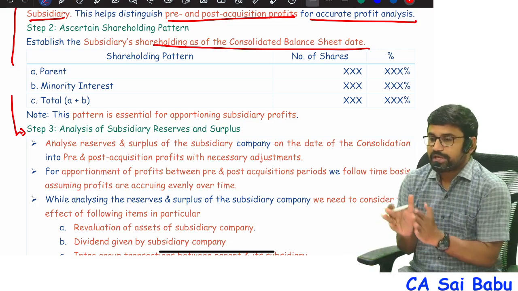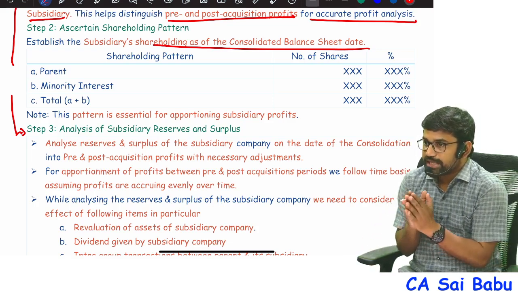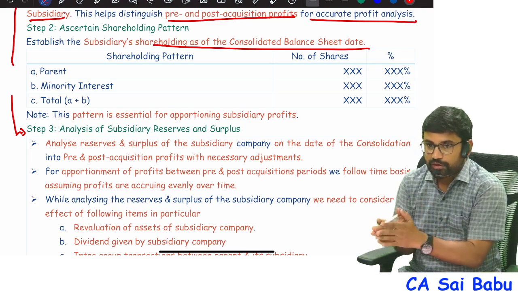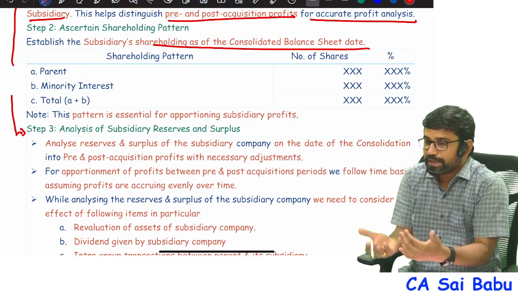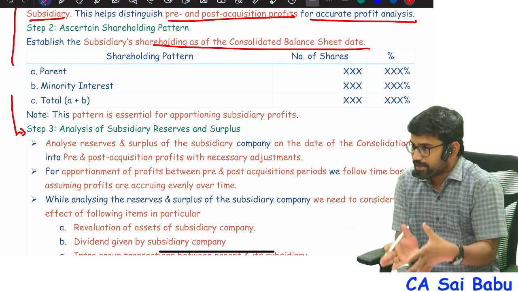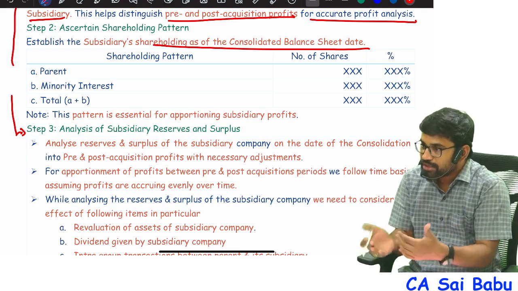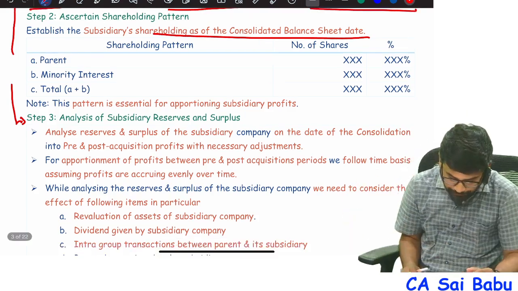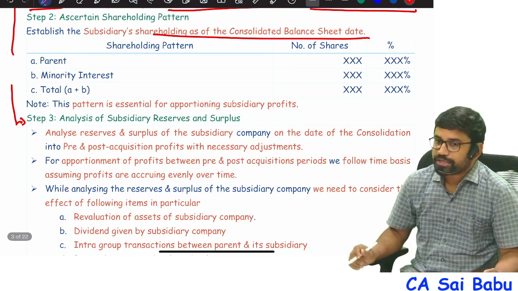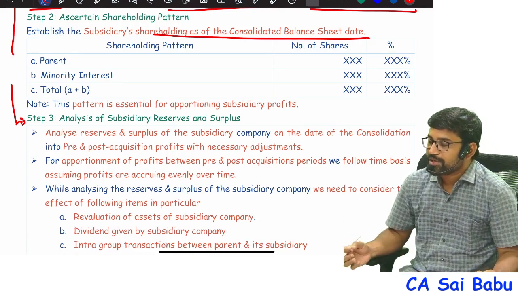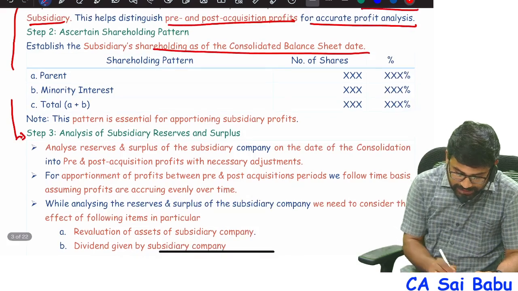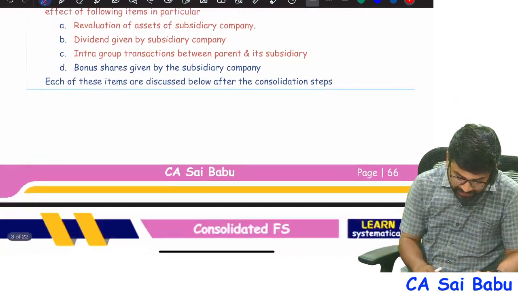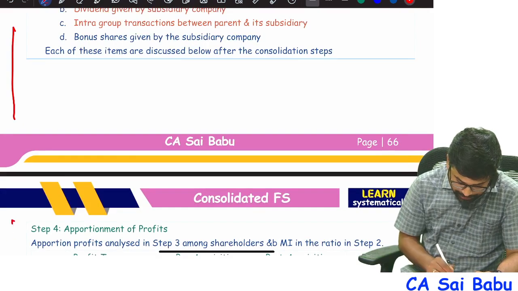Suppose you are preparing consolidated financial statements at the end of 31st March 2025. On that date, in the subsidiary company, how much percentage of shareholding is held by parent company, how much is held by minority interest? Sir, why is this step important? Why we need to calculate the shareholding pattern? Step number 2 is linked with step number 4.